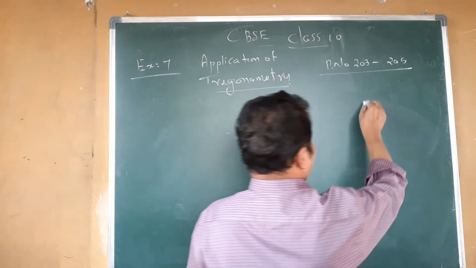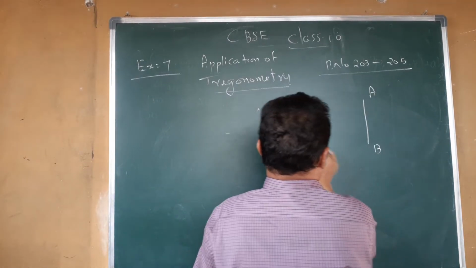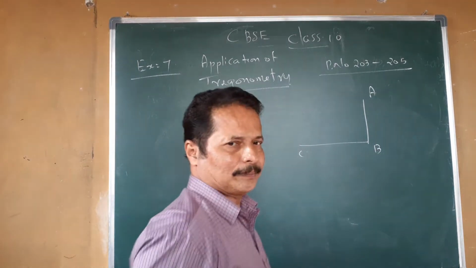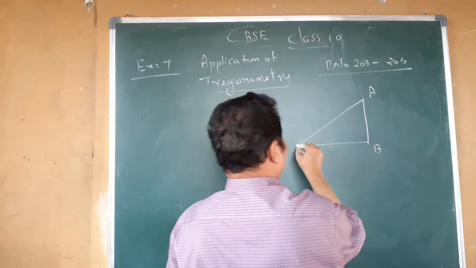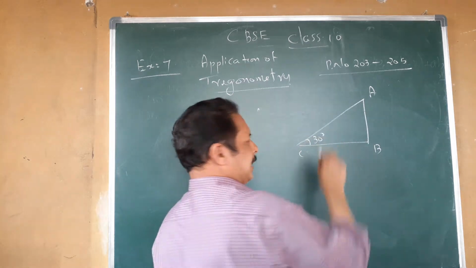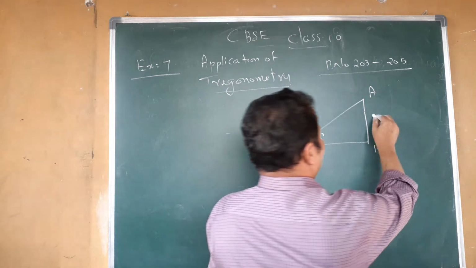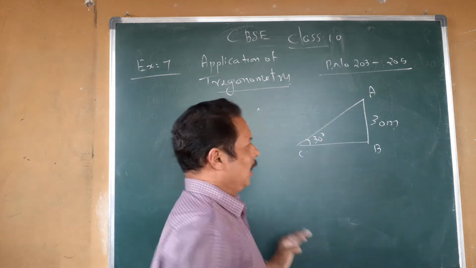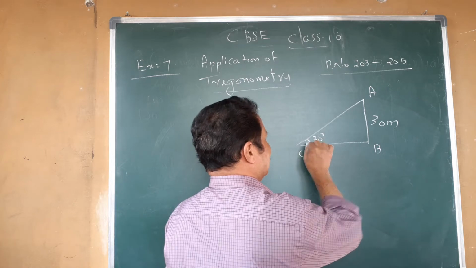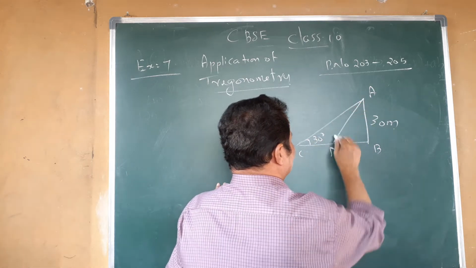Now the question is not completed. This is a building. Already he is standing here, and the first angle of elevation is 30 degree. And he is approaching the building, and the height of the building is also here. And the angle of elevation changes from 30 to 60 degree.